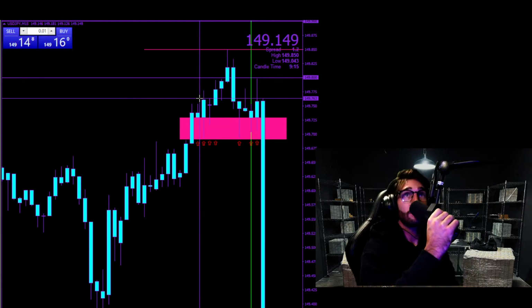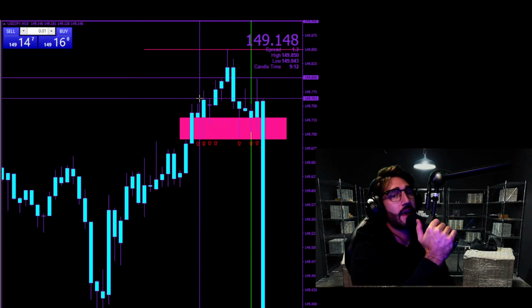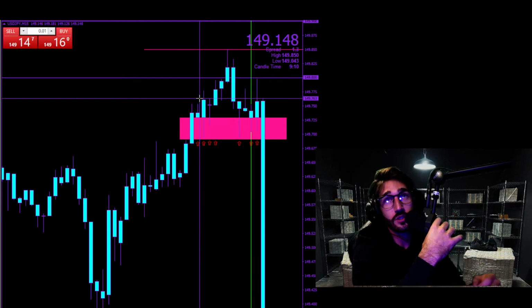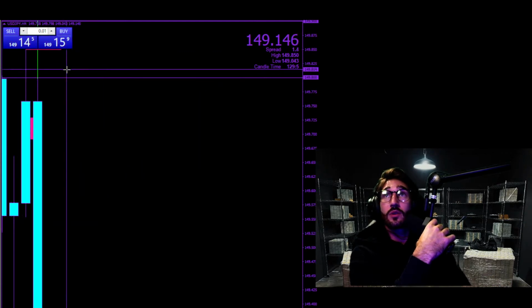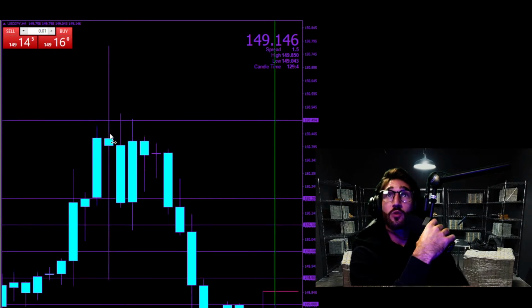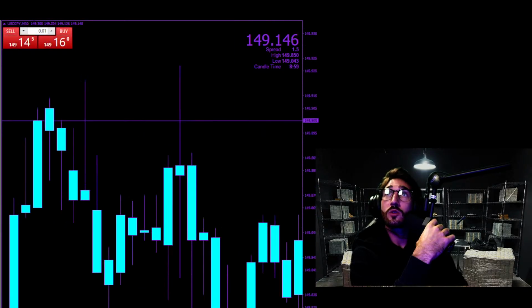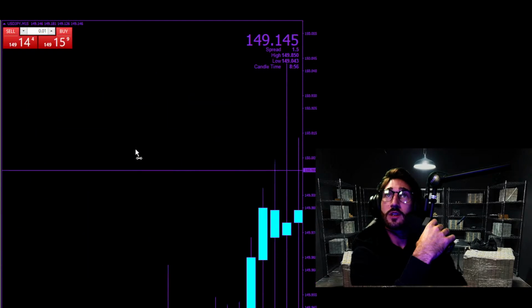So 149.8 came around. We started rejecting the resistance. 8 o'clock opened. We had a retest of, let's go to our lower time frames, 15-minute candle.